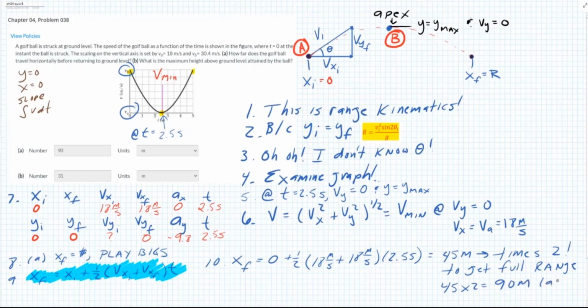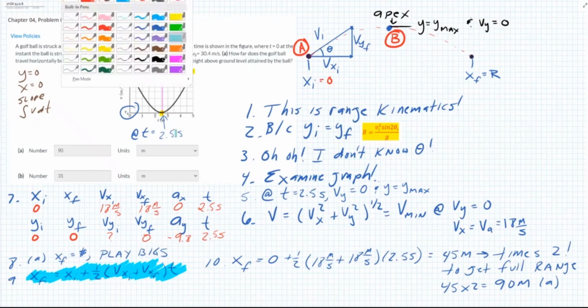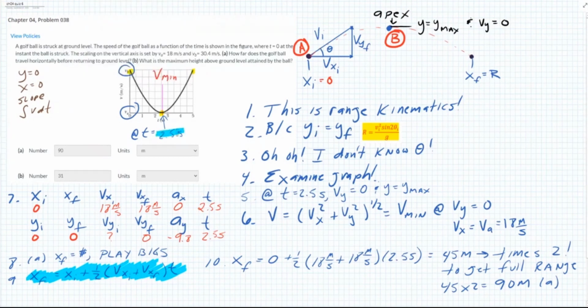That's the full range. That's the answer to part A. And let me just stress this: I really keyed heavily on what's happening at 2.5 seconds. That told me what my X velocity was. It said Y velocity equals 0. So that's the answer to part A by reading the graph the way I did.